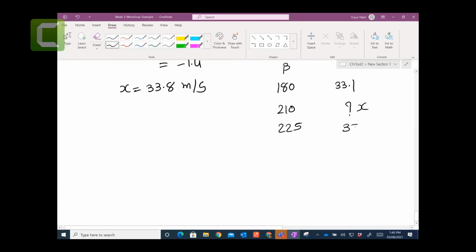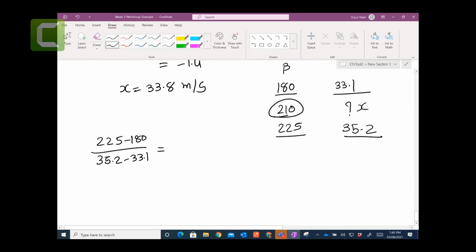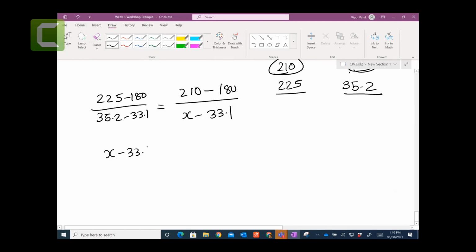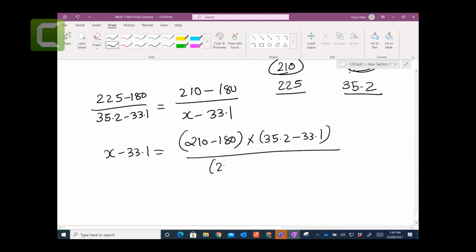So do the interpolation. 225 take away 180 over 35.2 take away 33.1 is equal to 210 take away 180 over x take away 33.1. So x take away 33.1 equals 210 take away 180 times 35.2 take away 33.1 over 225 take away 180. So let's use the calculator.